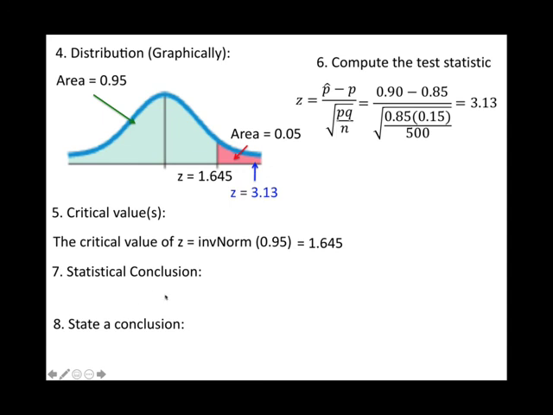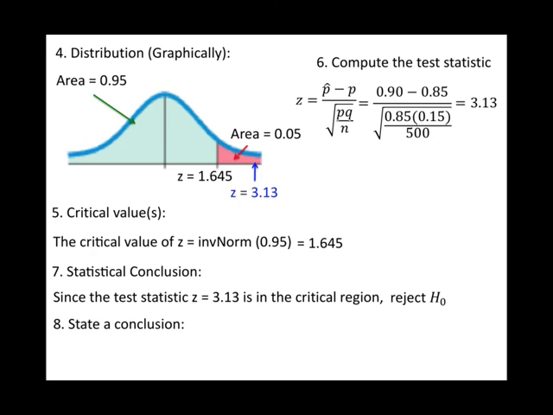If the test statistic is in the critical region, we're going to reject, because the test statistic is located in the area of the alternate hypothesis. So we're going to reject the null hypothesis.